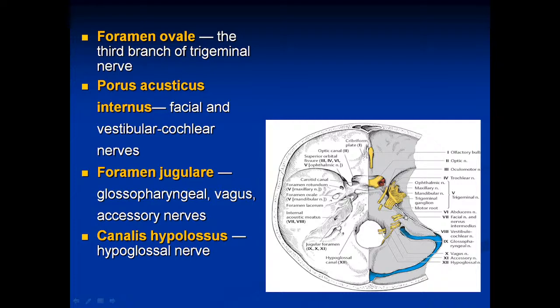Through this structure go two pairs of cranial nerves, facial and vestibular-cochlear nerve. This is foramen jugulare. Through this foramen go three pairs of cranial nerves, glossopharyngeal, vagus, and accessory nerves. And this is canalis hypoglossalis. Through this canalis goes the hypoglossal nerve.